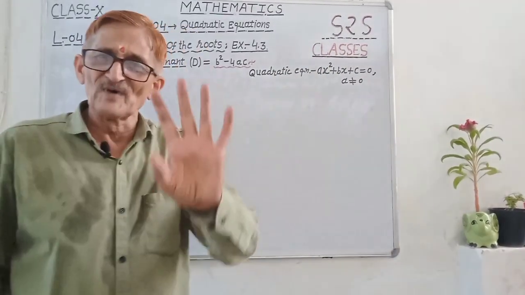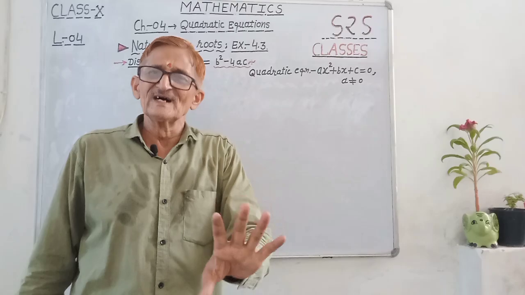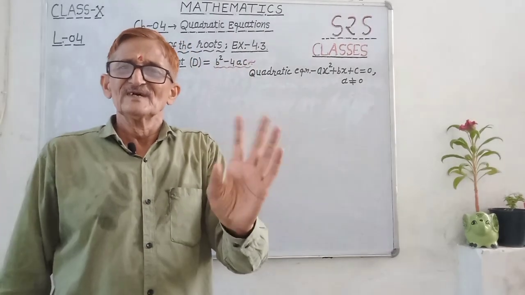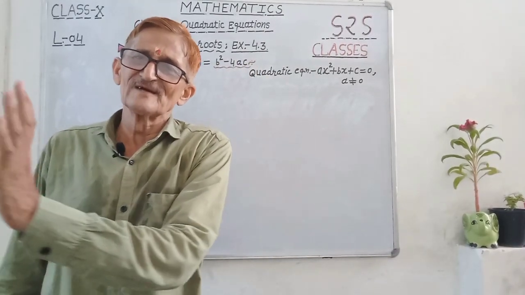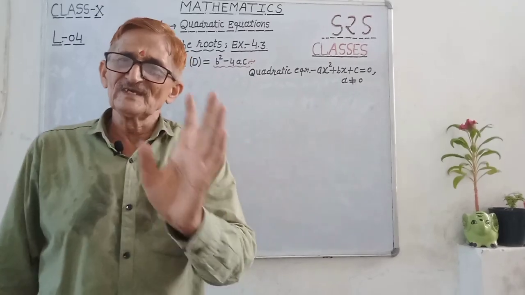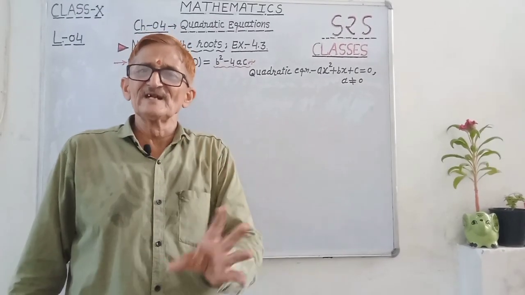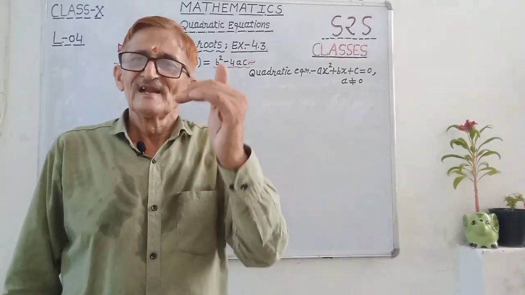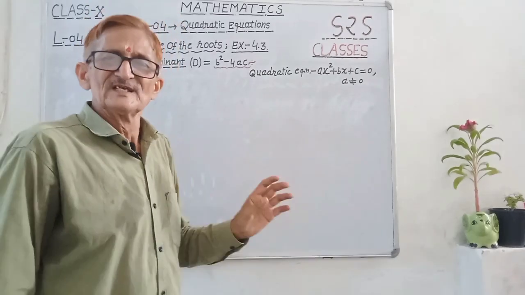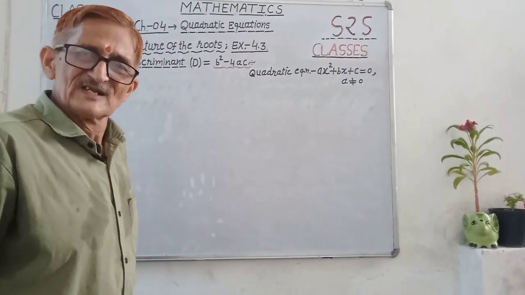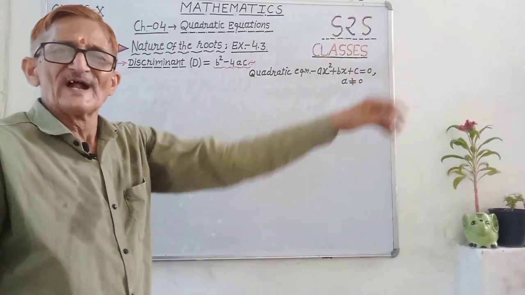So these are the 3 parts of all real numbers. So these 3 parts, if any discriminant value, then we have to write the nature.